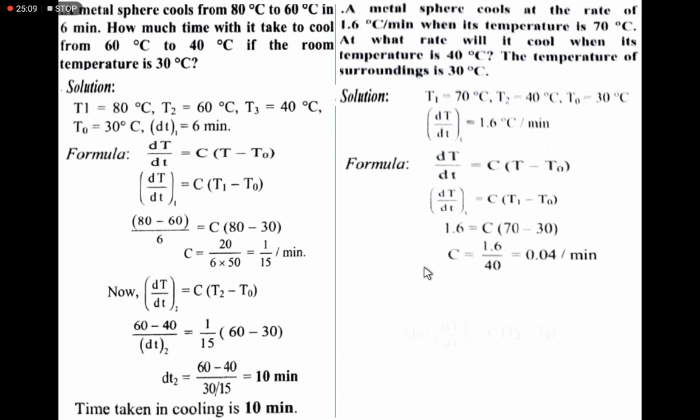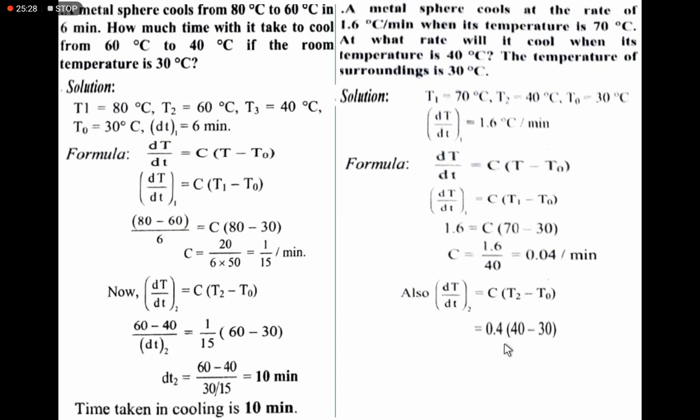Now second time we have to find out the rate of cooling. So the rate of cooling for the second time is equal to 0.04, now T2 is 40 and T0 is 30.